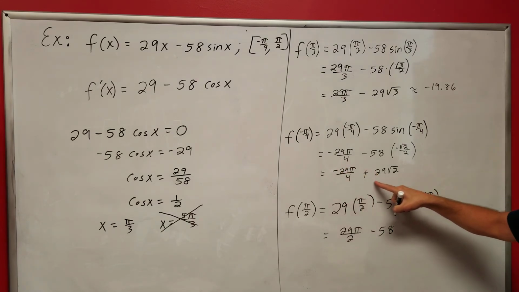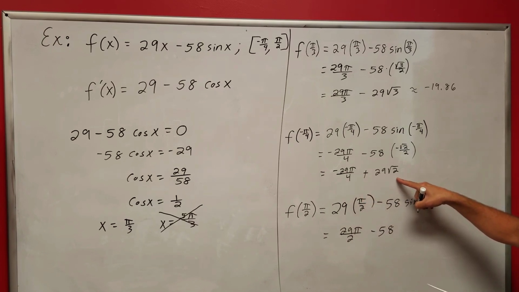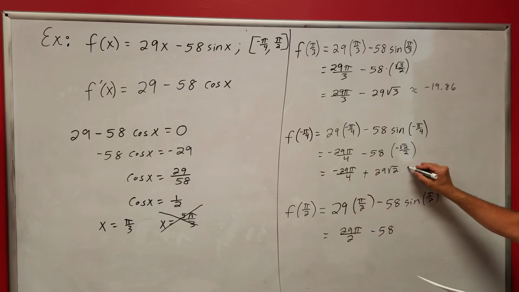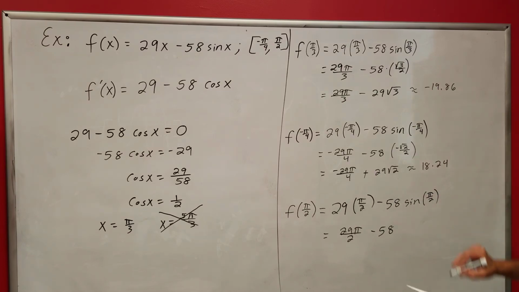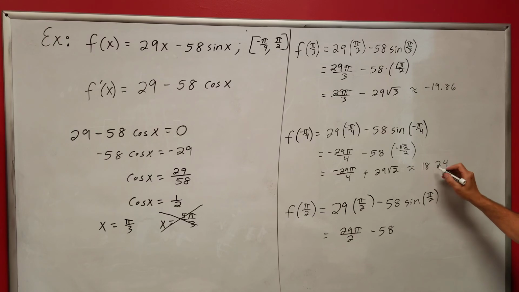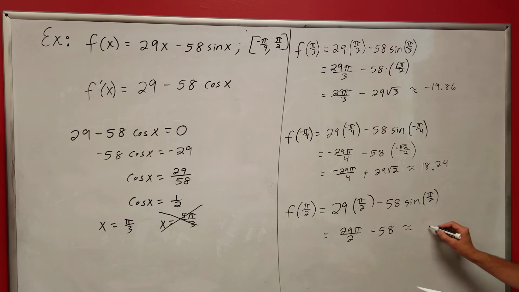And this value, negative 29 pi over 4 plus 29 square roots of 2, I got approximately 18.24 when I put that into the calculator. And for f at pi over 2, I got approximately negative 12.44.